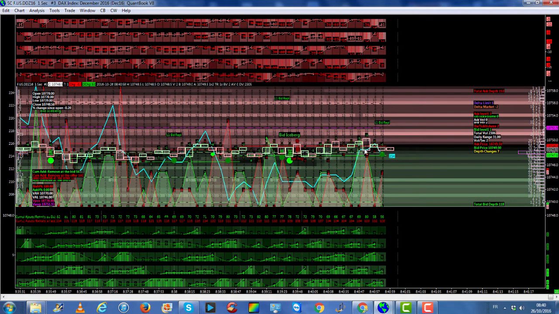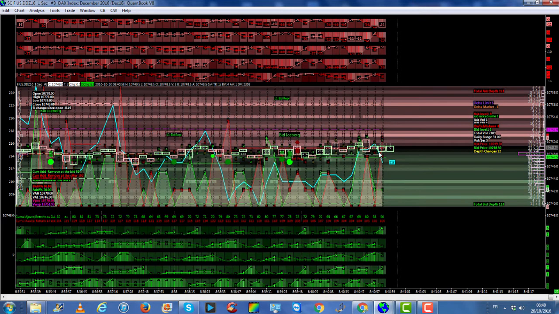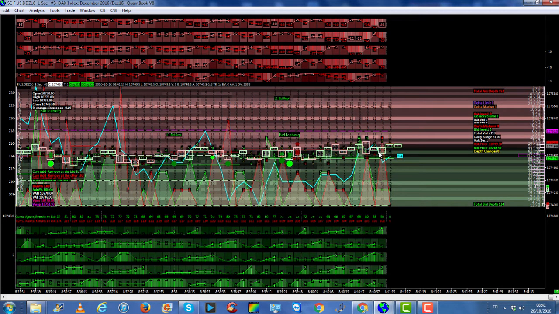Market volume, market orders, ask volume, bid volume. It's all the volume which is printed into the tape, into the time and sales. At the right of each bar, you can see bought volume, and at the left you can see sold volume.